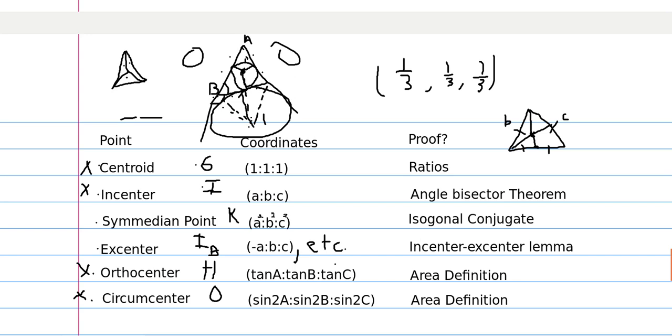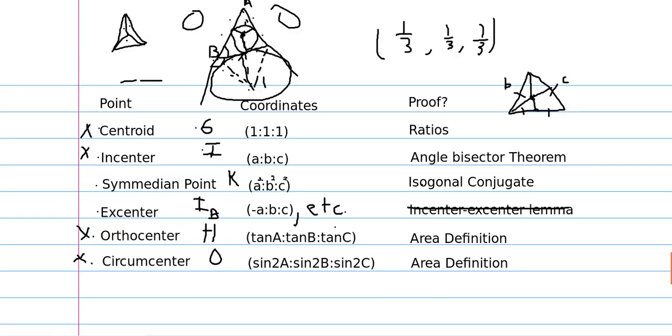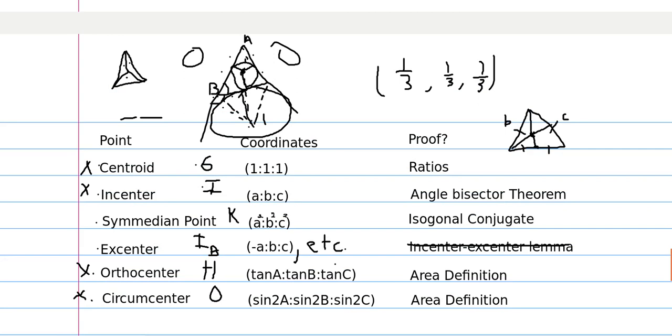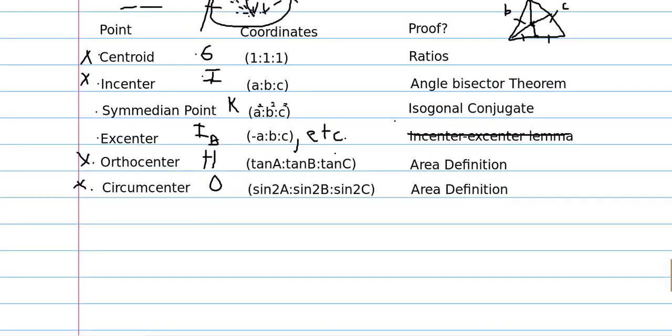Actually no, sorry. We can use the area definition, because we know that the excenter is the center of a circle that's tangent to these 3 sides. And whenever we have tangent circles, we like drawing perpendicular radii. Since those radii are all equal, we have basically 3 equal triangle areas, and we can get the definition of this point.